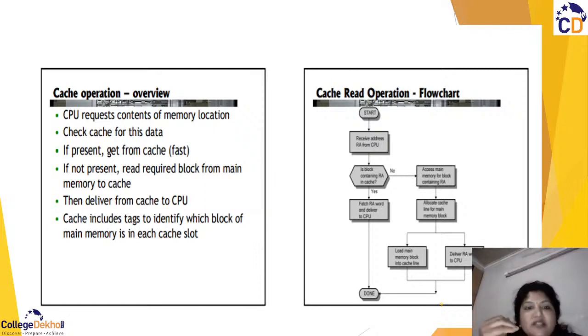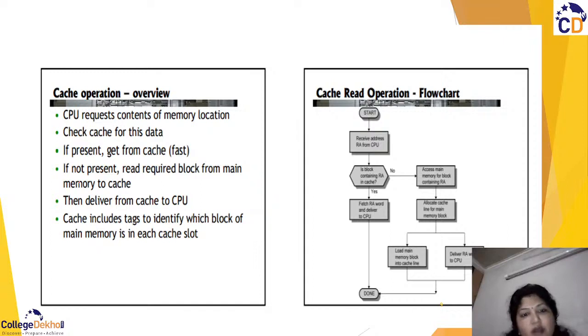If not present in the cache, read the required block from the main memory into the cache. It is going to read the block from main memory to cache memory, so something has to be transferred and something has to be replaced. That's why there is the concept of page replacement algorithms. Then deliver from cache to CPU, so your result can be extracted from the cache memory to the CPU.